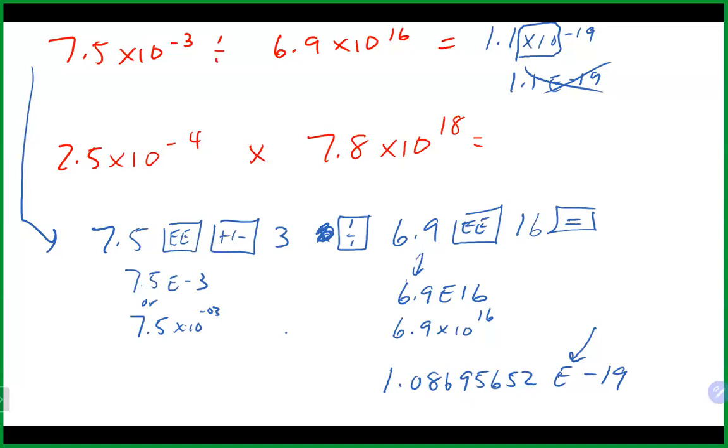All right, looking at the second one, same deal. We're going to go 2.5, hit our exponent button, hit our negative button and 4. We're going to times it by 7.8, exponent button and 18, hit equals. I'll do a little rounding here. On the calculator it's 1.95 times 10 to the 15, which might round to something like 2.0 times 10 to the 15.